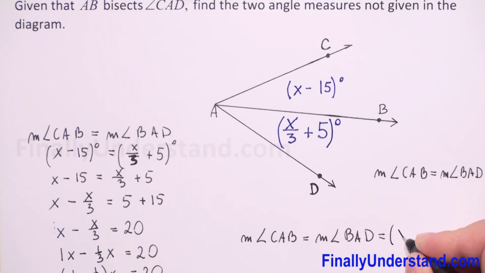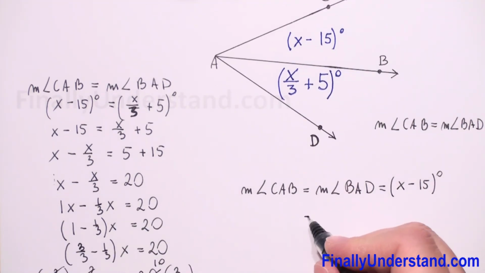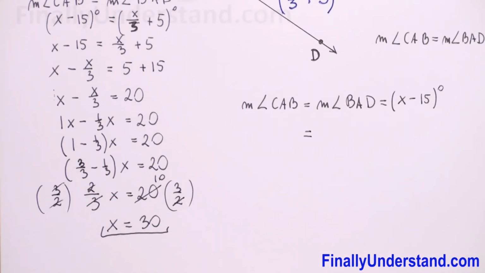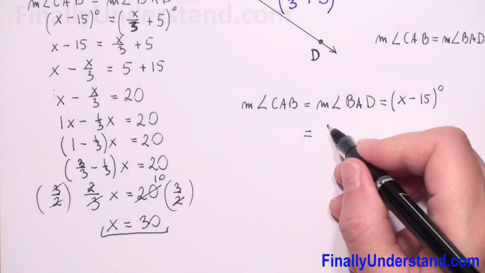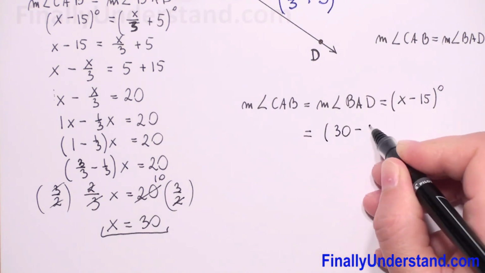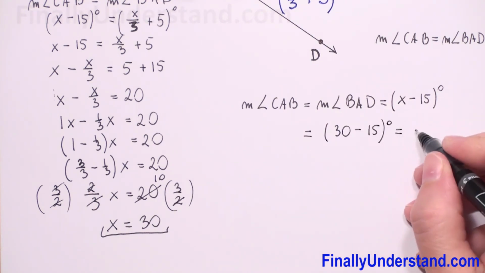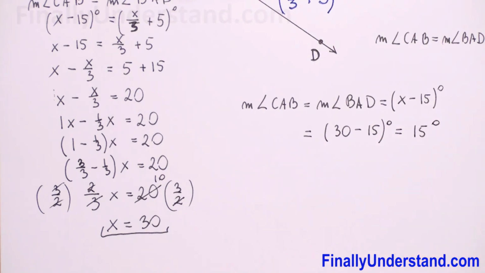So we have x minus 15 degrees. We found x, so now we can substitute x by 30. So we have 30 minus 15. So this is equal to 15 degrees.